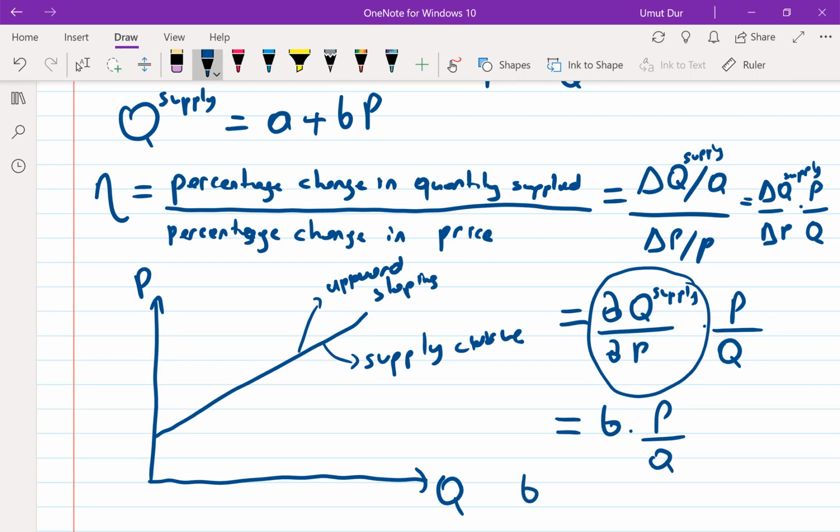Is B greater than or equal to 0, or less than or equal to 0? If we have this upward sloping supply curve, as the price increases, the quantity supplied will increase, yes. Then what's the sign of B?